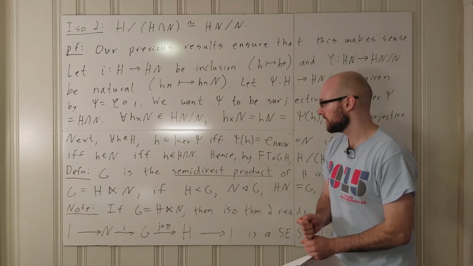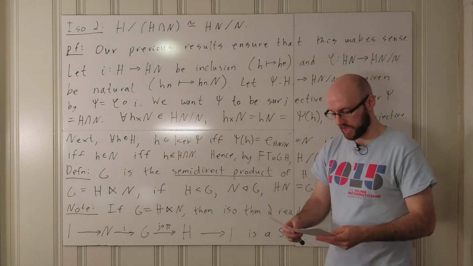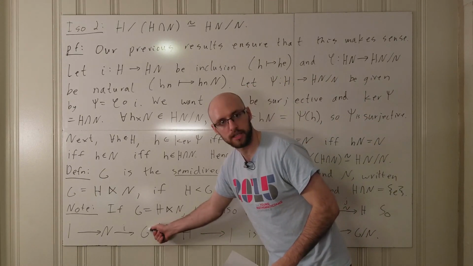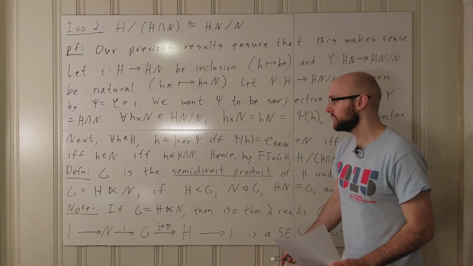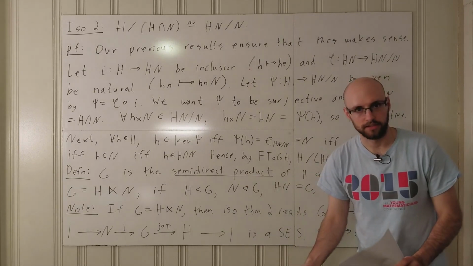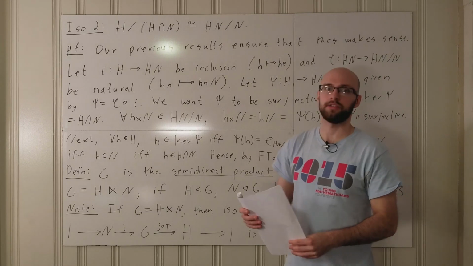And actually, what we're going to prove next time is that that ability to go backwards, and having this short exact sequence, is equivalent to having a semi-direct product. And so I'll leave the details of what I just said for next time.